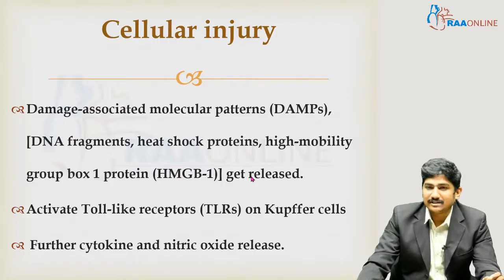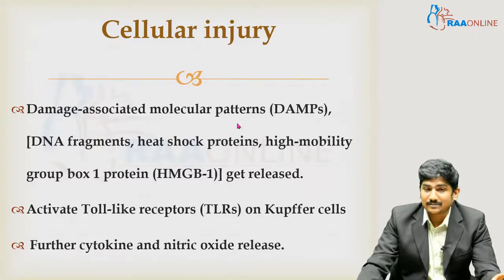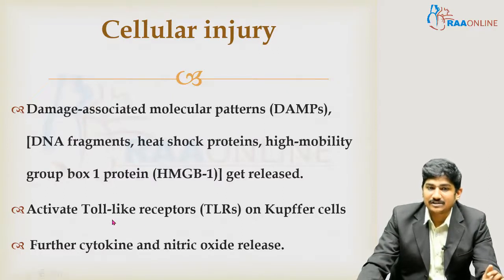There are certain proteins called DAMPs, damage associated molecular patterns. These get released in the blood, which has the potential to activate an inflammatory cascade, which can damage the surrounding hepatocytes also. By what mechanism? It actually activates the toll-like receptors on the Kupffer cells and further activates the cytokine and nitric oxide storm, so that this goes as a cycle affecting more and more hepatocytes.